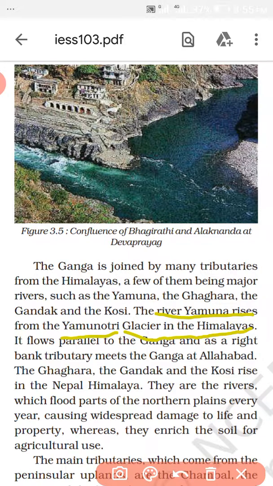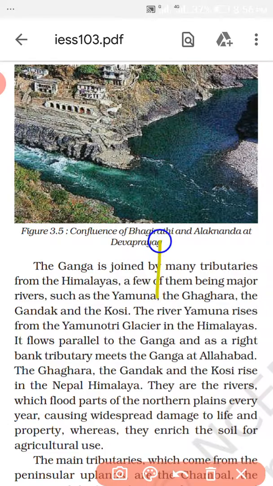The Yamuna flows parallel to the Ganga, and the right bank tributary meets the Ganga at Allahabad. Which rivers join at Allahabad with the Ganga? The river Yamuna and the river Saraswati. It is famous, and presently it is also called Prayagraj.